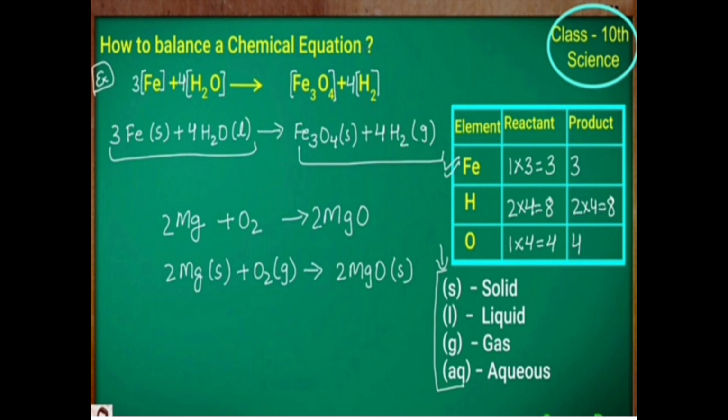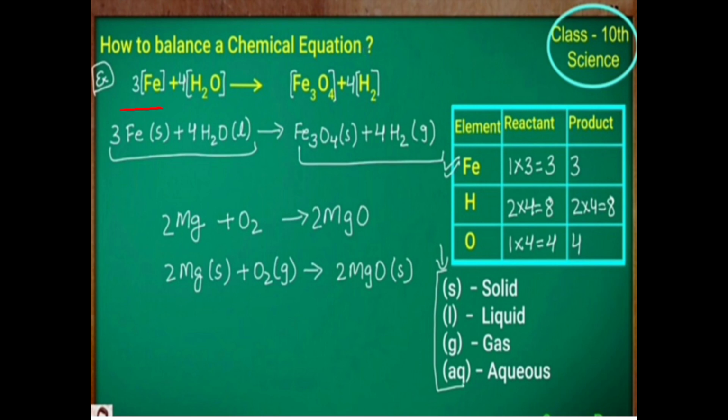As if suppose I have made here that the whole equation will be covered under the bracket, and whatever number we will add to balance the equation, that we will write down outside the bracket. Okay, so here we will multiply the iron atom with 3. So here we will write down 3 on the reactant side, as I have written already here.